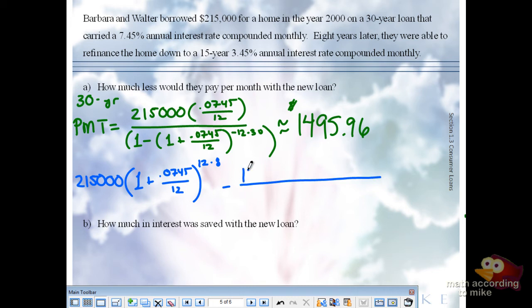It's the payment, $1495.96, two sets of parentheses, 1 plus r over n, raised to the nt, so again 12 times 8, minus 1, over r over n.